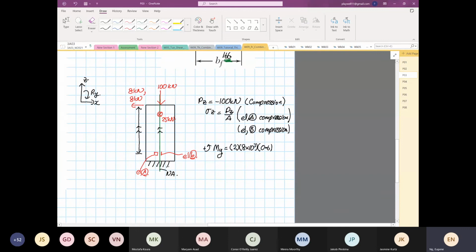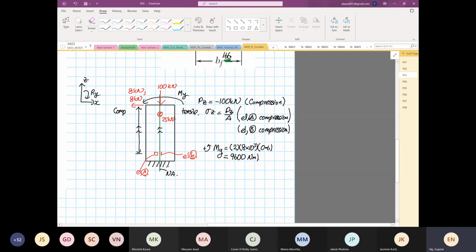And if you look at that, it is going in the counterclockwise direction. So this will be equal to 2 times 8 times 10 to the power 3 times 0.6, which is 9,600 Newton meter. So we know that it is going to go this way. So this is moment about y.